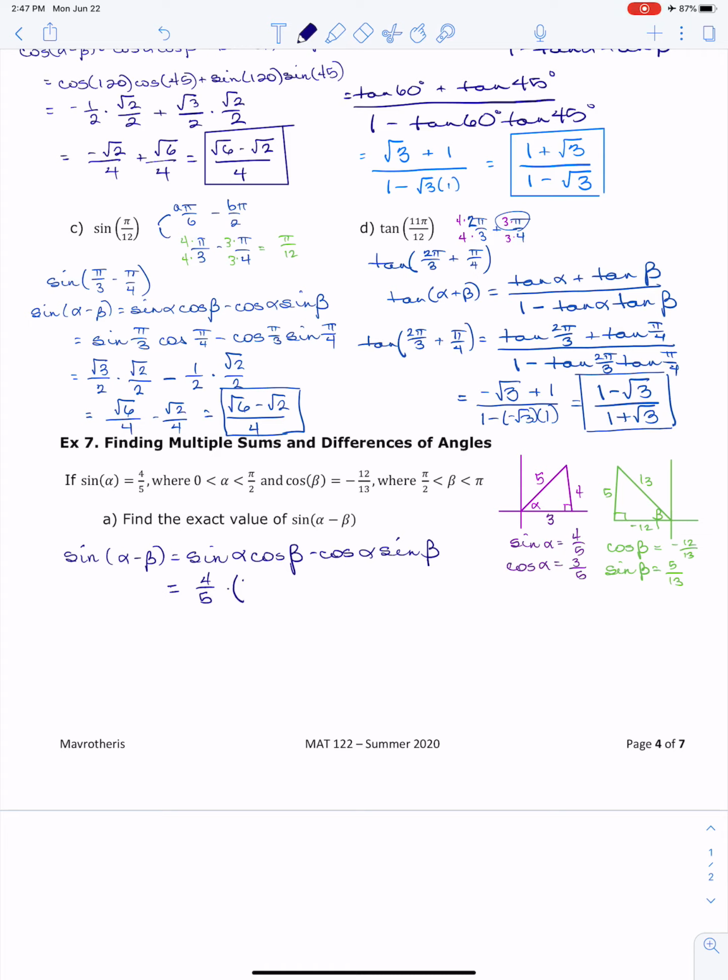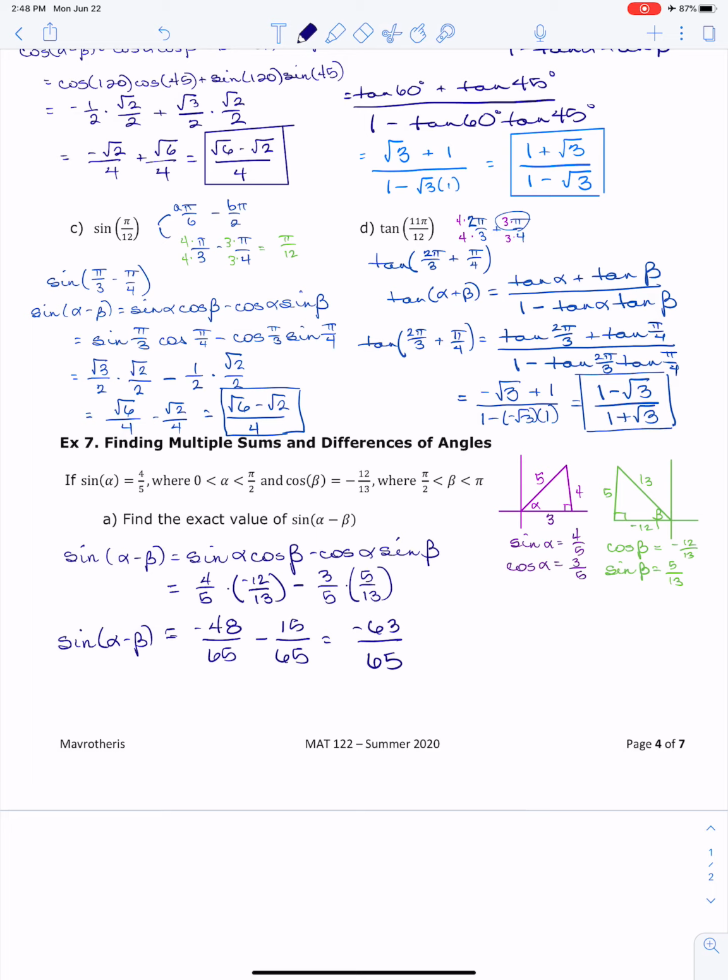Cosine of beta, negative 12 over 13, minus the cosine of alpha, which is 3/5, times the sine of beta, which is 5 over 13. I could cancel these 5s. I don't really want to. I'd kind of rather have a common denominator. I get negative 48 over 65 minus 15 over 65, which gives me a negative 63 over 65. And that is the value of our sine of alpha minus beta.